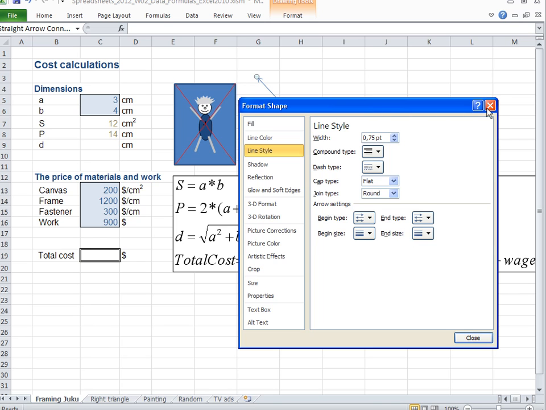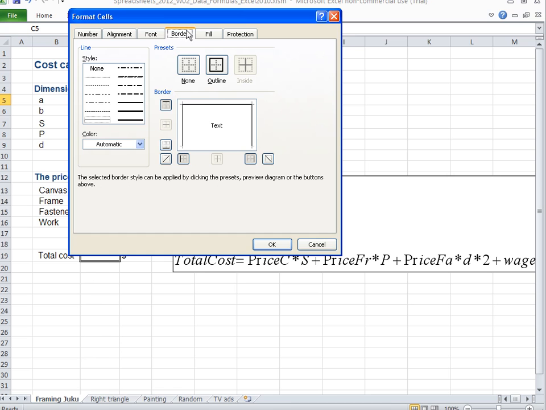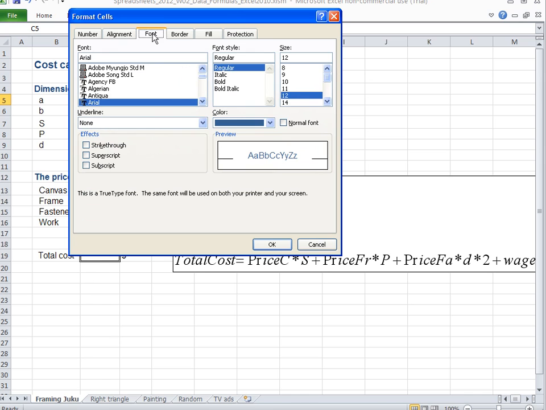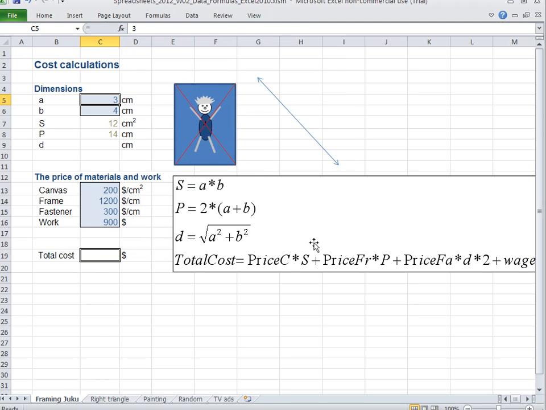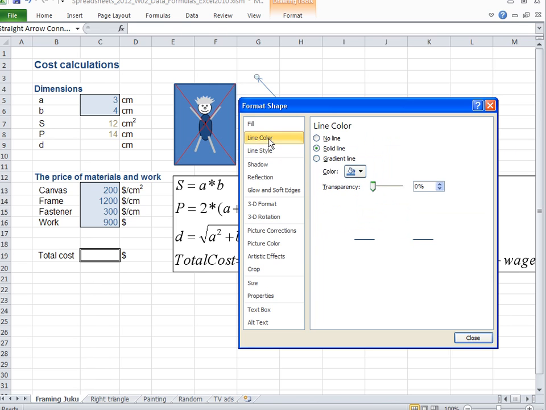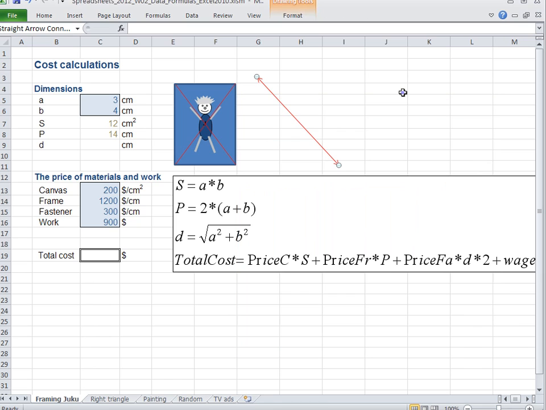If we take one cell and click Ctrl 1, then remember we were able to set its border, its background fill, its font, and so forth. And now if we press Ctrl 1 on a line, we will be able to set a number of properties for graphical objects. Right now we could just select line color to just take something and then show a little bit of what's being done with those tools. Okay, so we have actually drawn already those fasteners.